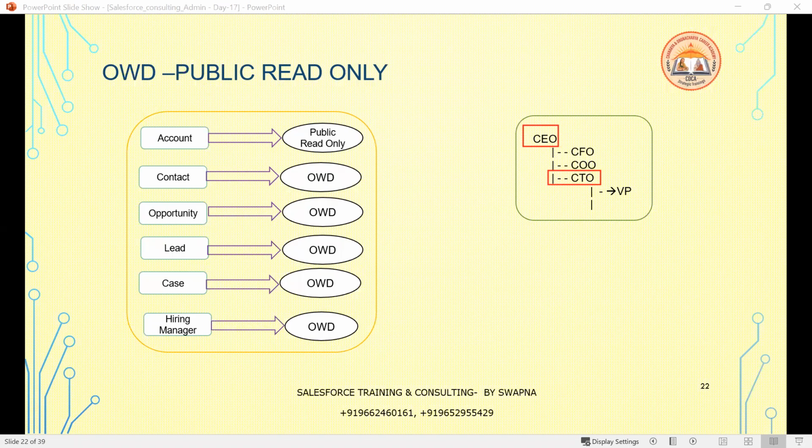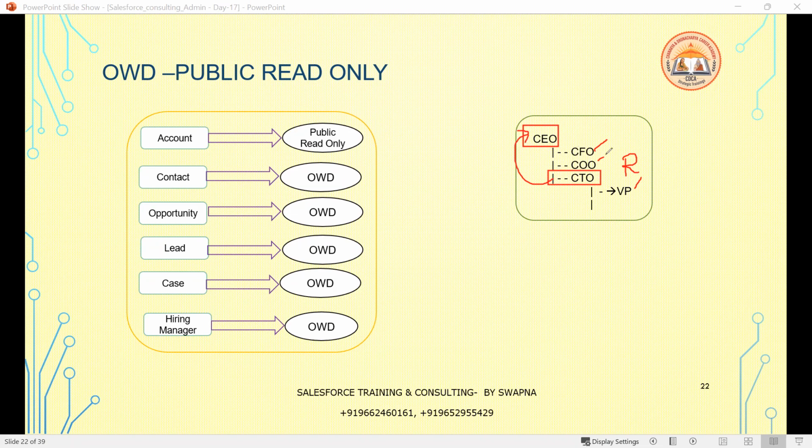But here, public means it is available for everybody. These users, CFO, COO, VP, will have read access. CTO and CEO will have complete access.